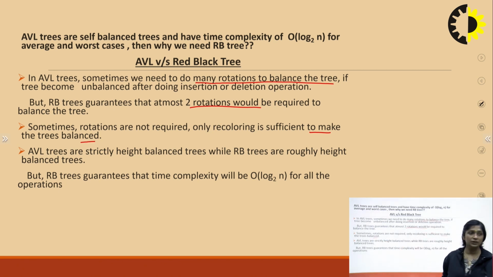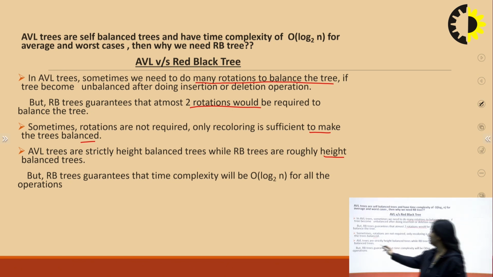AVL trees are strictly height balanced trees, while red black trees are roughly height balanced trees. But red black tree guarantees that time complexity will be big O log n for all the operations, either insertion, deletion or searching, while this doesn't occur in AVL tree. So this is the difference between AVL and red black tree.